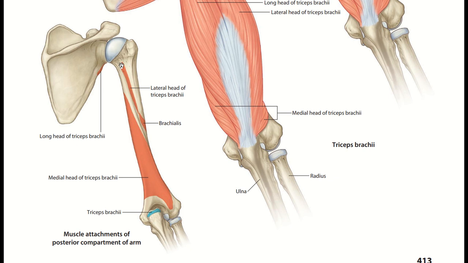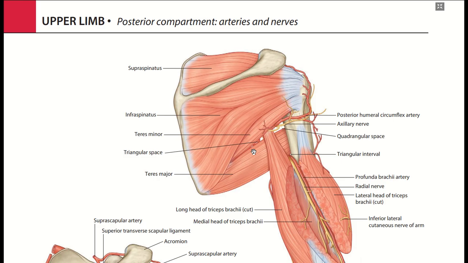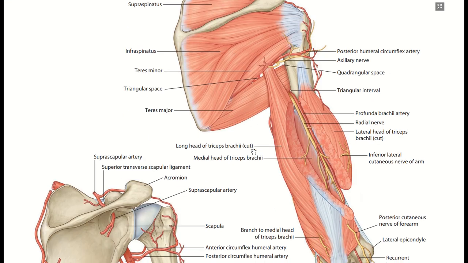So it has three origins: one, long head, infraglenoid tubercle; lateral head above the radial or spiral groove; medial head below the spiral groove. All these heads will meet and form a common tendon that will insert on the olecranon process of the ulna. Right.